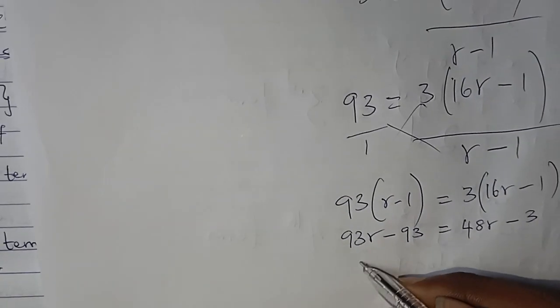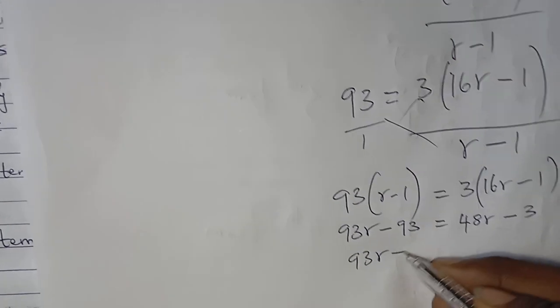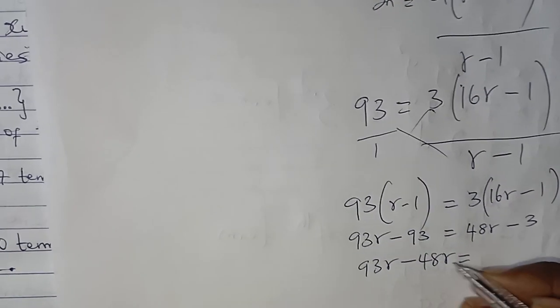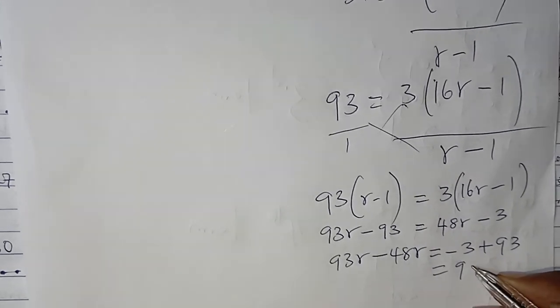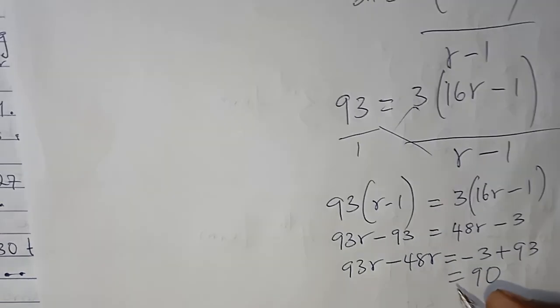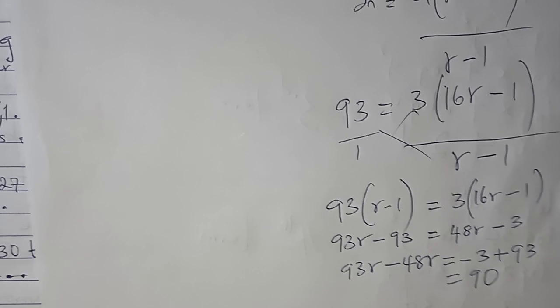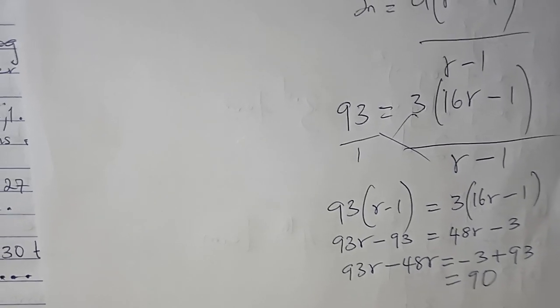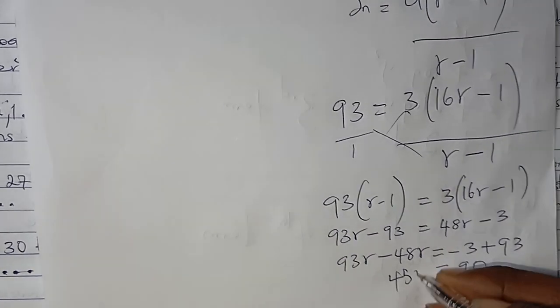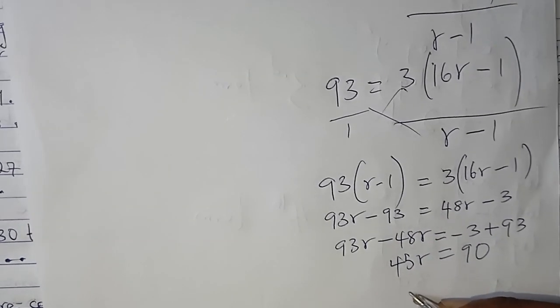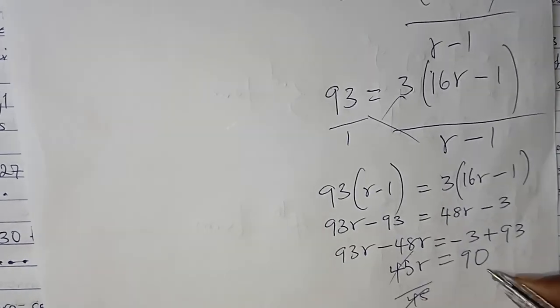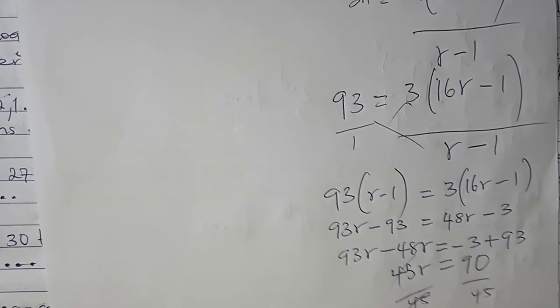Collect like terms: 93r minus 48r is equal to minus 3 plus 93, which equals 90. So 93 minus 48 is 45, 45r equals 90. To get r, divide both sides by 45. r is equal to 2. Very simple.